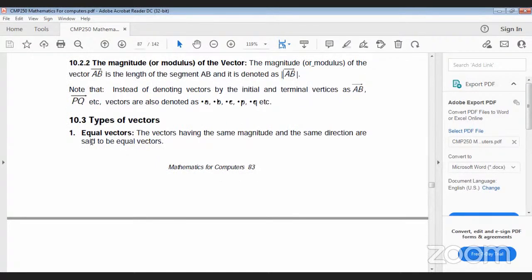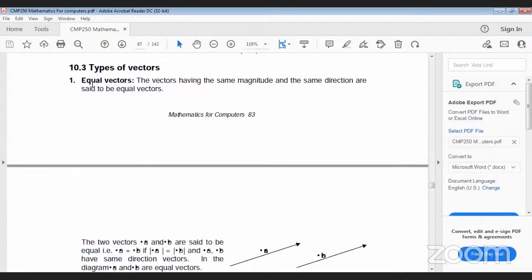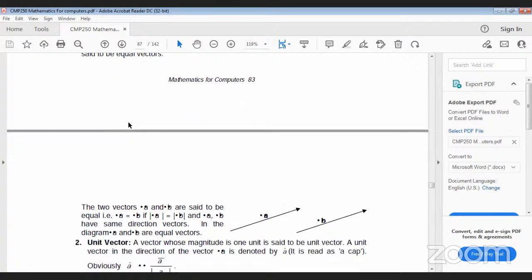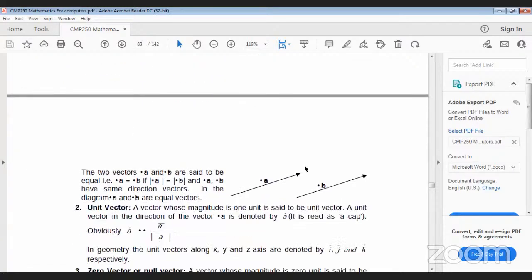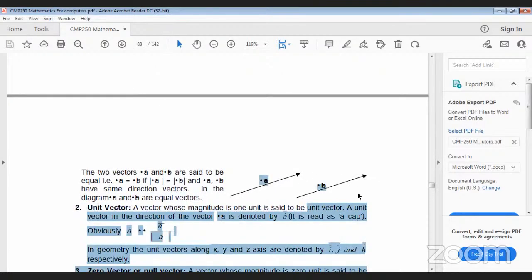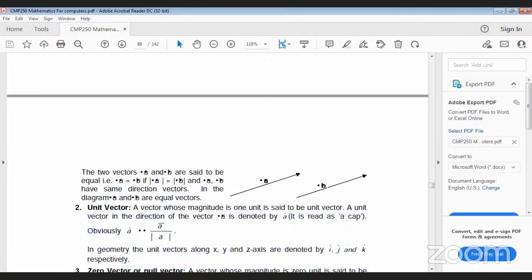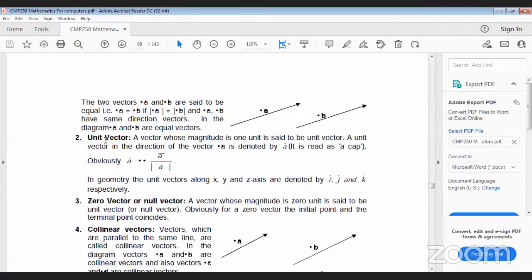Now we need to study types of vectors. There are equal vectors, vectors having the same magnitude and the same direction. Then they are called equal vectors. Here A is giving me the same direction as B, so A and B are equal vectors. A unit vector means a vector whose magnitude is 1.